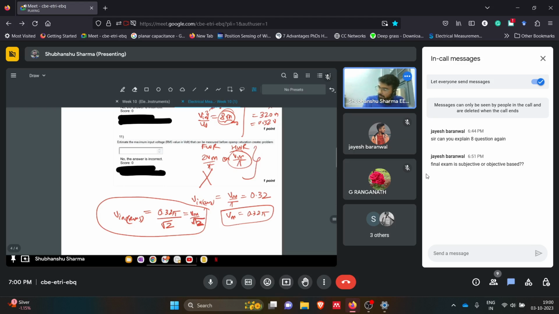The half wave rectified sinusoidal signal does not have Vm by root 2. I think it is Vm by 2. Let me check. If you know, you can also tell me. Let me check. It's Vm by 2.